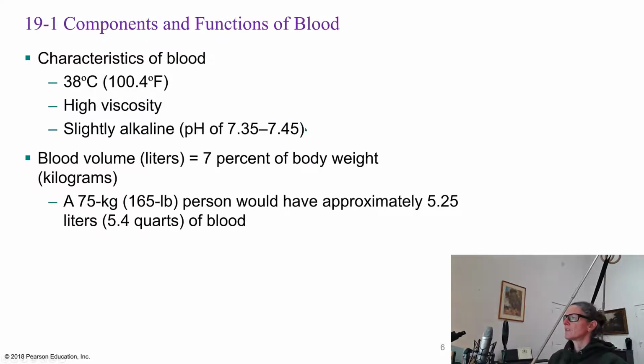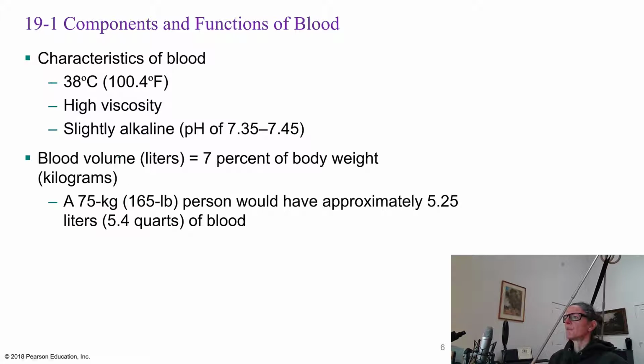If it rises above 7.45, we have alkalosis. And mild acidosis and mild alkalosis can usually be corrected pretty quickly by compensatory mechanisms of the body. If, on the other hand, we get too far outside of these windows, then we could have a serious problem that could result in death if not dealt with fairly early on.